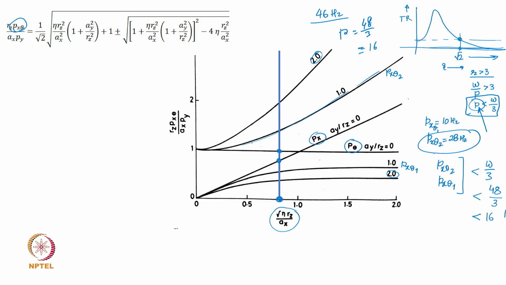But you have a problem here because px theta 2 is 28 hertz, which is higher. Although it might still be fine because it is slightly close to square root of 2, 1.4, 28 and then 48, it's still going to be a problem. It should be greater than 2, but generally we expect the ratio to be, let's say, 3. So we would like to take care of this px theta 2, try and reduce it as close to 16 as possible.